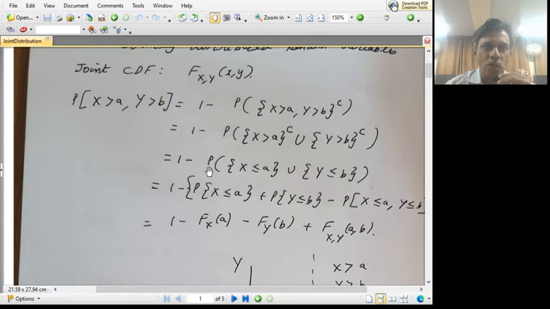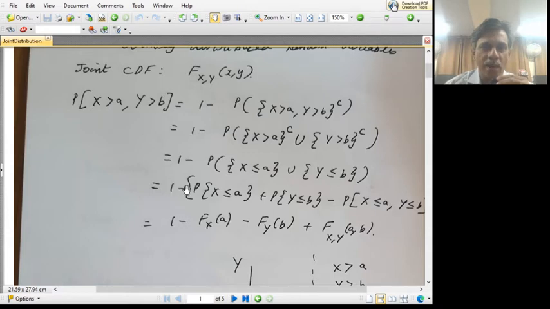So it is 1 minus the probability of: X greater than a complement is X less than or equal to a, and Y greater than b complement is Y less than or equal to b. Now let us apply the probability of A union B, treating this to be event A and this to be event B. Then you will get P of A plus P of B minus P of A intersection B.